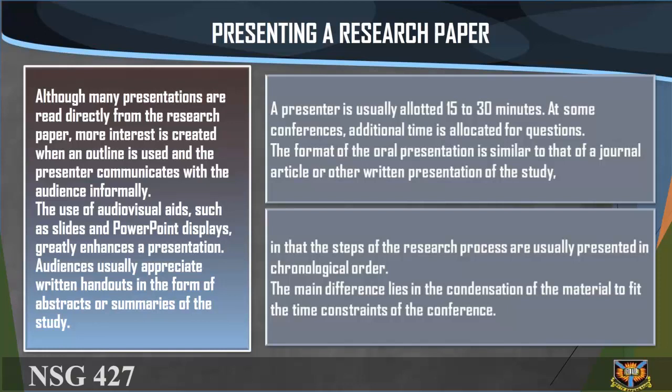The format of the oral presentation is similar to that of a journal article or the written presentation of the study. The steps of the research process are usually presented in chronological order. The main difference lies in the condensation of the material to fit the time constraints of the conference.